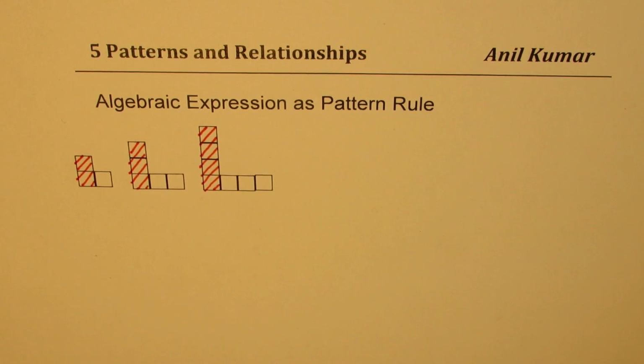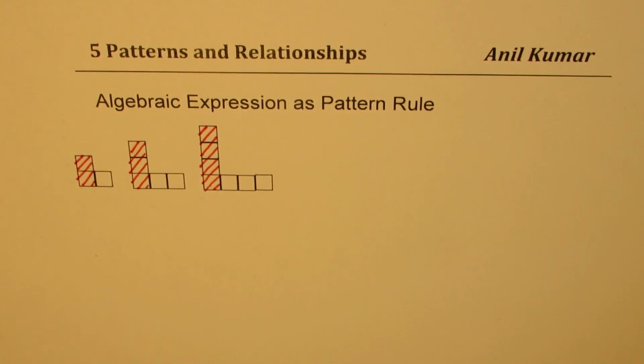And we have the same pattern once again, but you could write different algebraic expressions to show how you can find the value of the term number. Even if you want to know how many boxes or squares will be there in the 100th term, you will be in a position to find it with the help of a formula. So that is what we are going to cover. I hope you find it interesting.